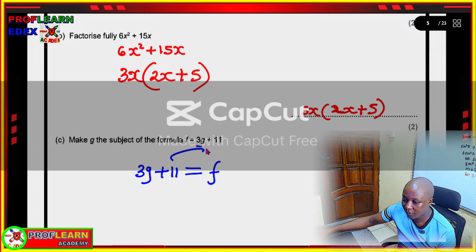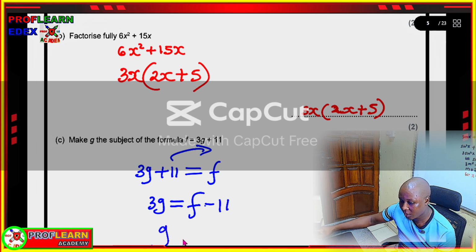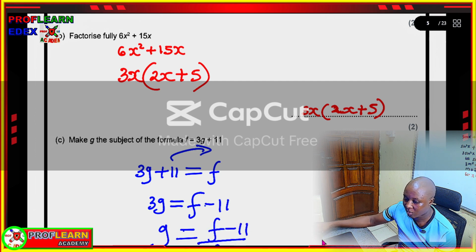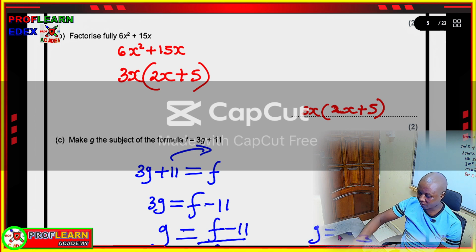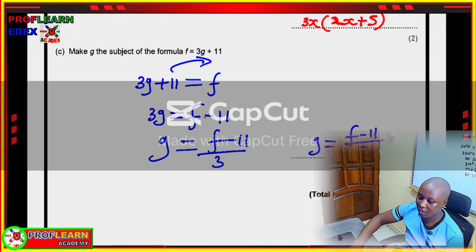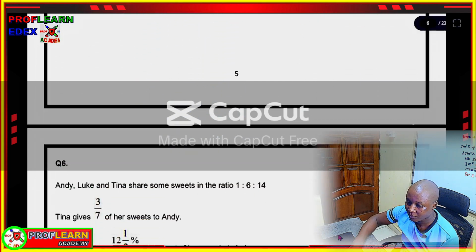So we shall take 11 on the other side. We'll have 3g is equals to f minus 11, and then divide by 3 both sides. So we shall have g is equals to f minus 11 over 3 as our final answer in that case.